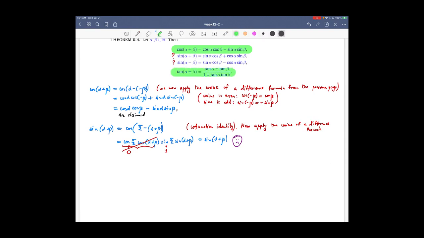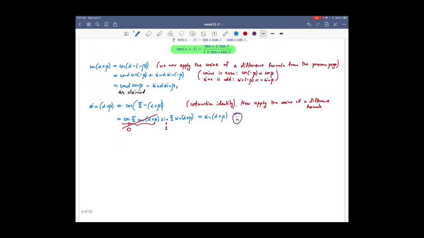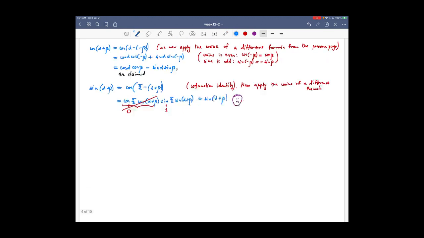If we believe in these two formulas, what about the tangent of a sum and difference? Well, the argument is, of course, by definition of tangent.